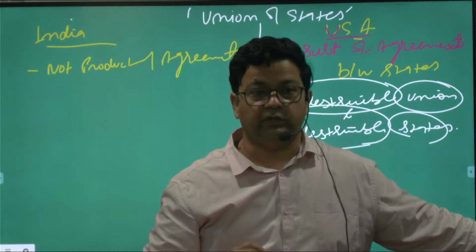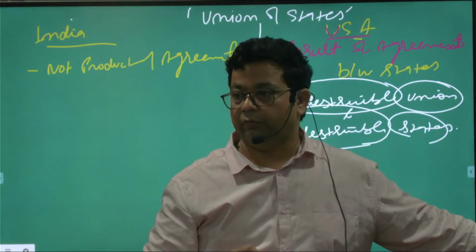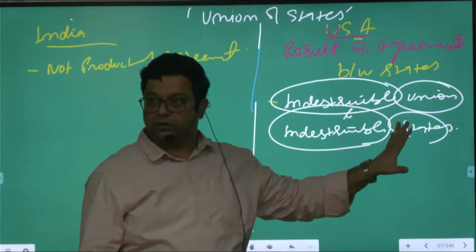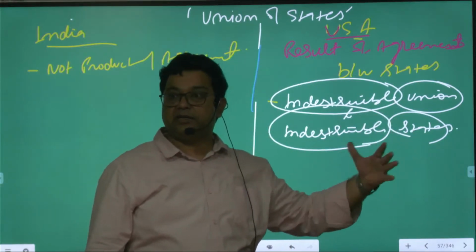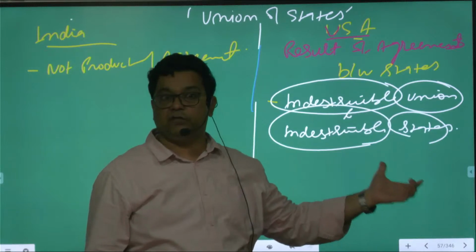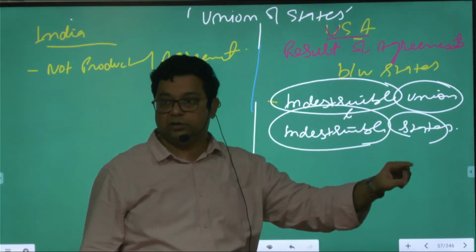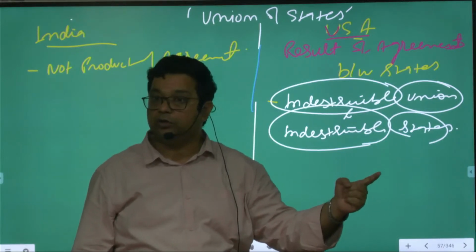Are you getting my point? Yes or no? The question has also been asked which country's constitution has the character of an indestructible union with indestructible states. So it is a characteristic of USA.